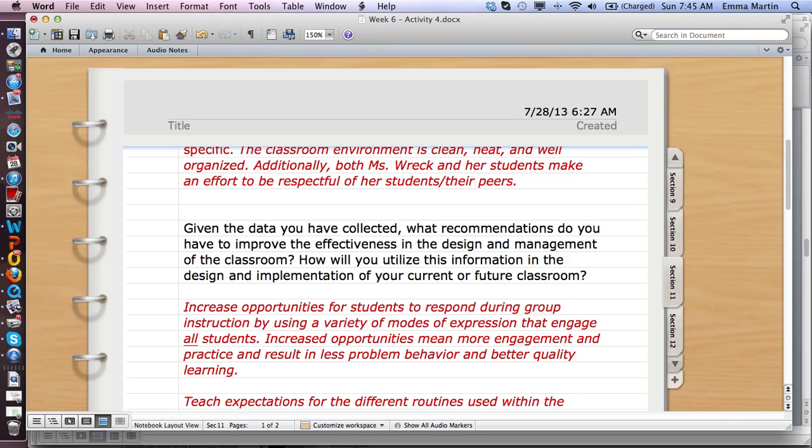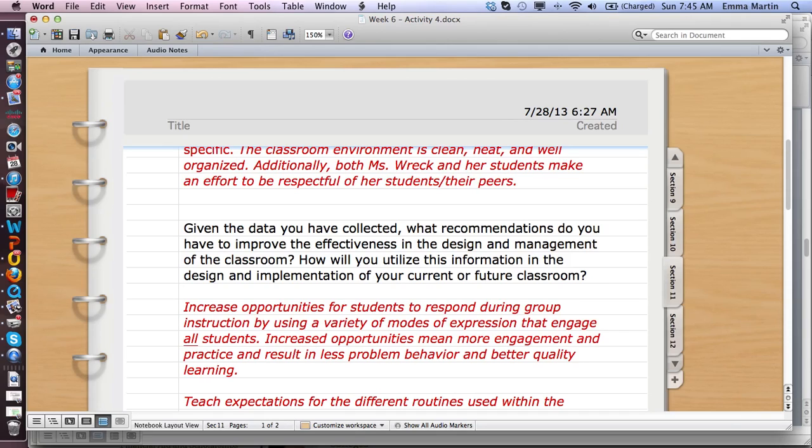So coming up with some strategies such as using response cards, choral responses, having activities where students touch, write, say all at the same time is going to increase that engagement and will consequently result in less problem behavior and better quality of learning.